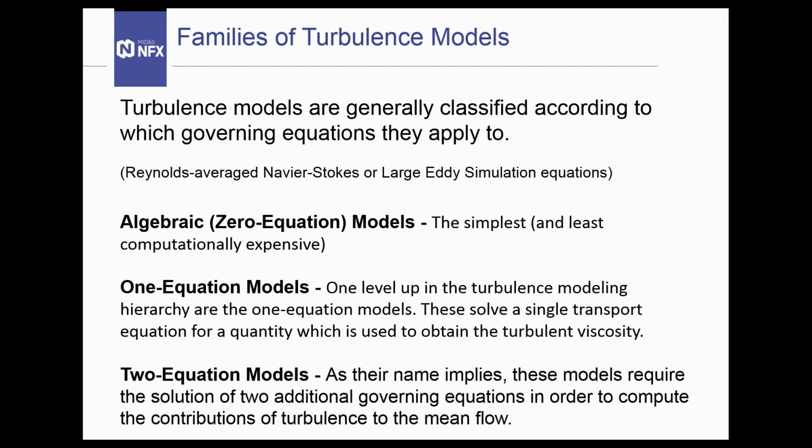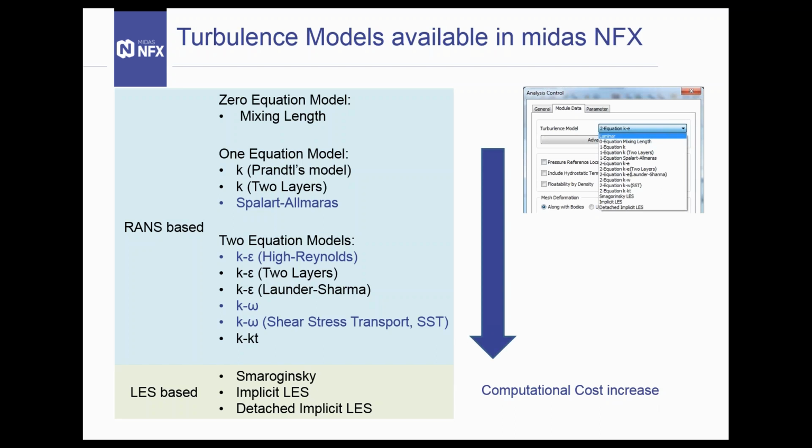And finally, we have two equation models, and as the name implies, this model requires two solutions to compute the contributions of the turbulence to the mean flow. So in Midas NFX, we actually have, I think, 12 models available for you.